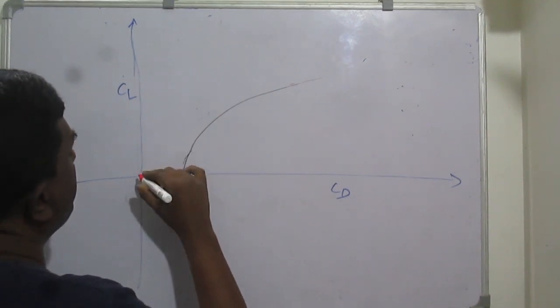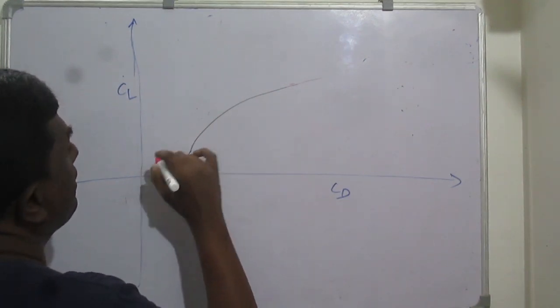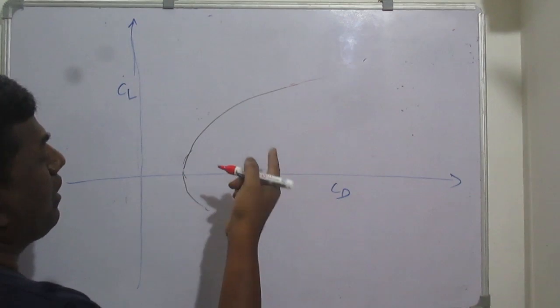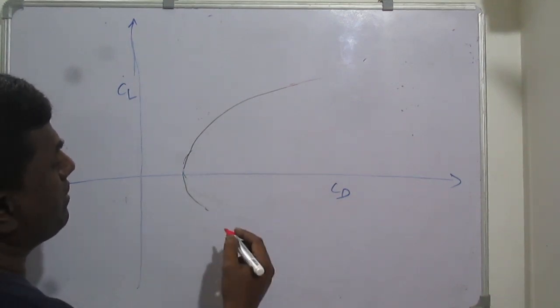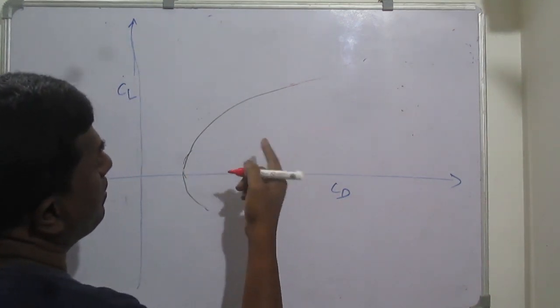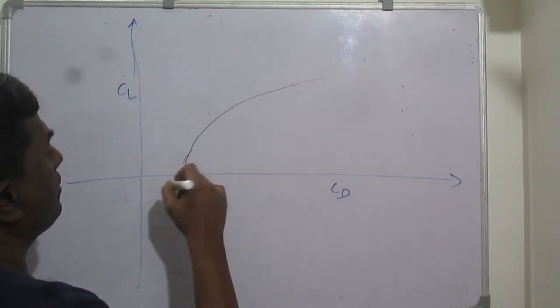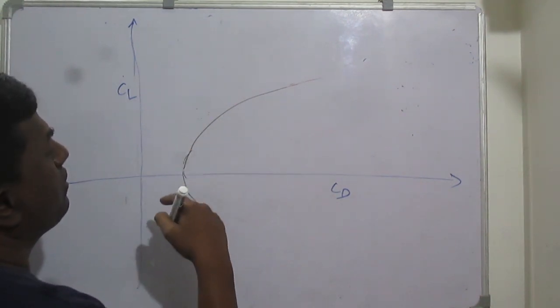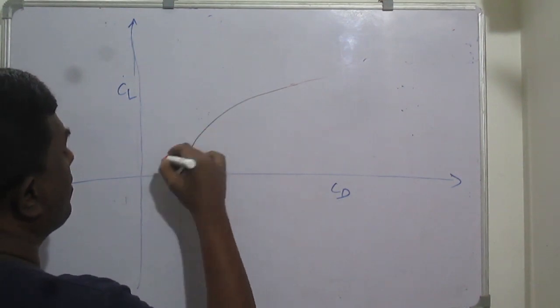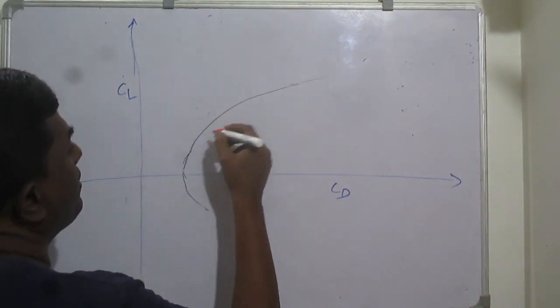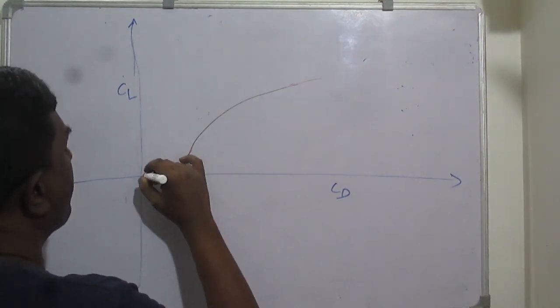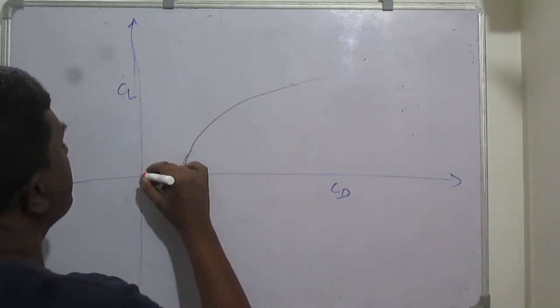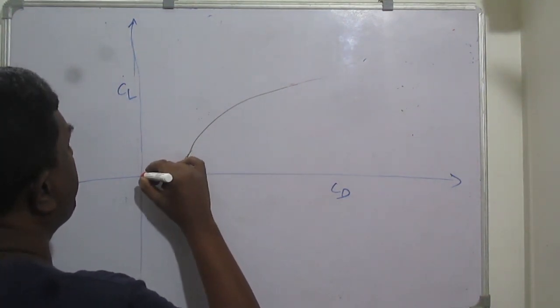That means the highest ratio of L by D gives the best L by D ratio. We can say the maximum L by D ratio. So the highest ratio of CL by CD will give the best L by D ratio.